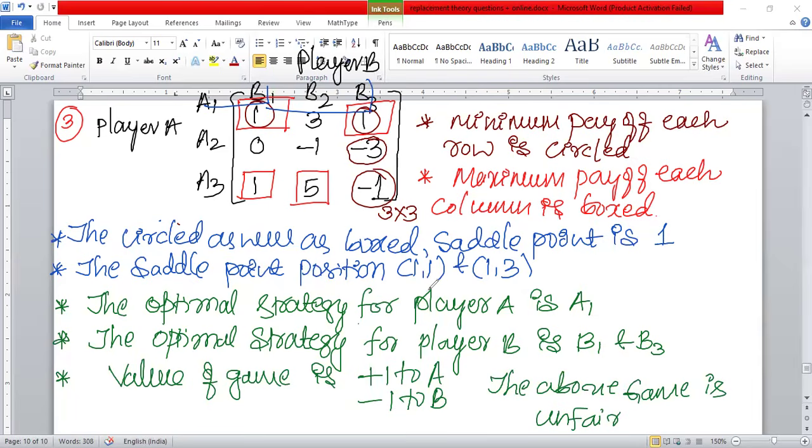That way the saddle point position is 1,1 and 1,3, and the optimal strategy for player B is B1 and B3. Right, this is the third problem for the matrix minima method technique. So this is the way to solve it. Okay, we'll go to one more question.